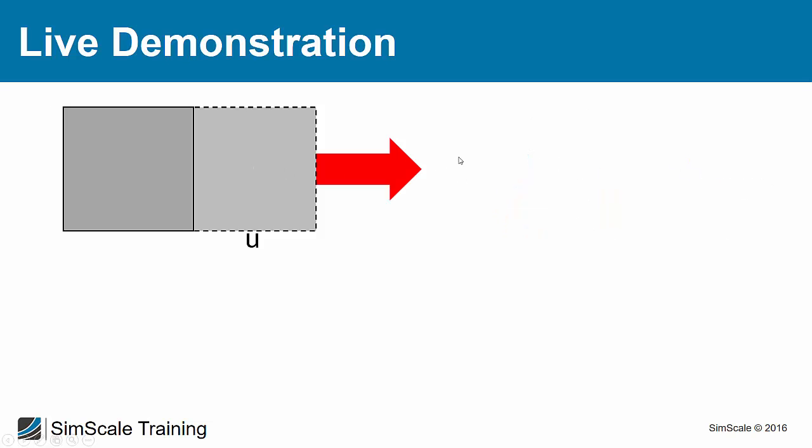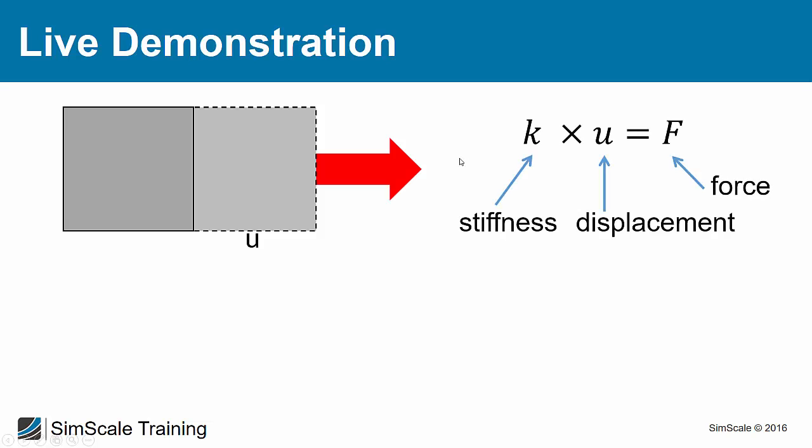For a lot of very simple examples, like a spring or this block, you can really imagine what it means: to increase the displacement for a given stiffness, you need a force. And the stiffness, for some very simple examples we know from school, is just a factor which depends on the material and the geometry.